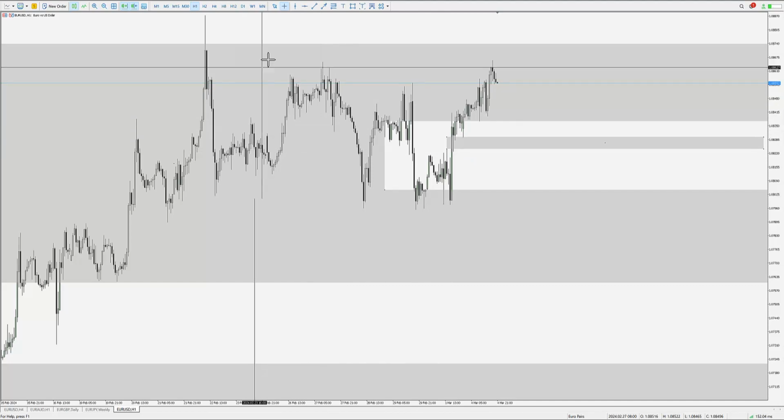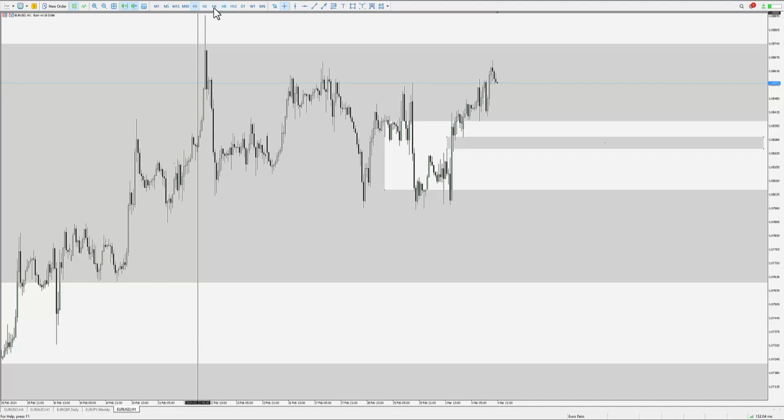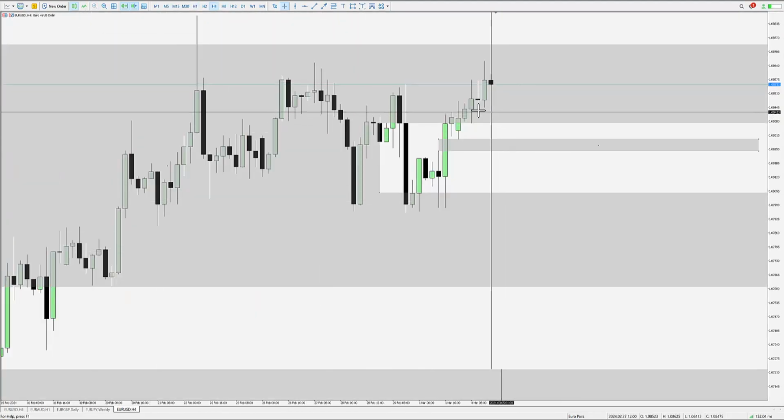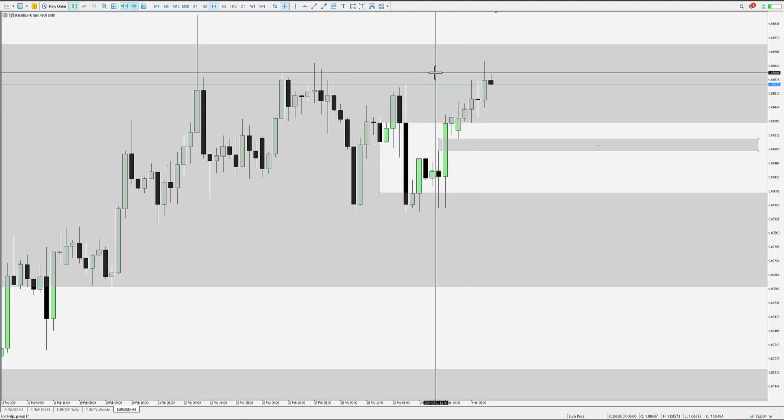So highlighting your discount areas on Euro is crucial for your entries, because you need to see how price reacts once it reaches that level.